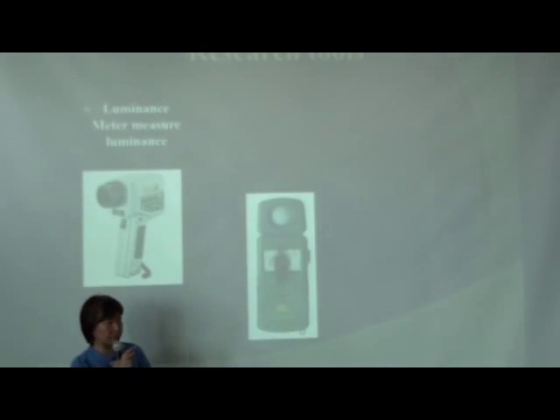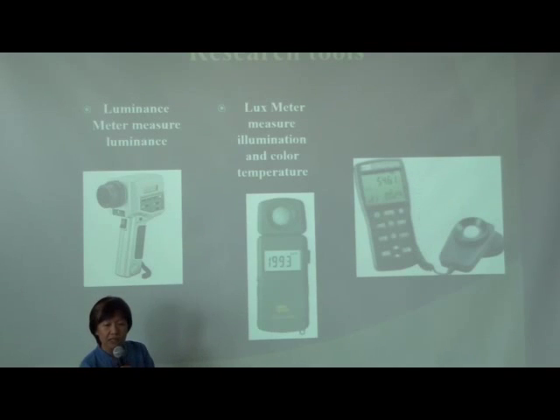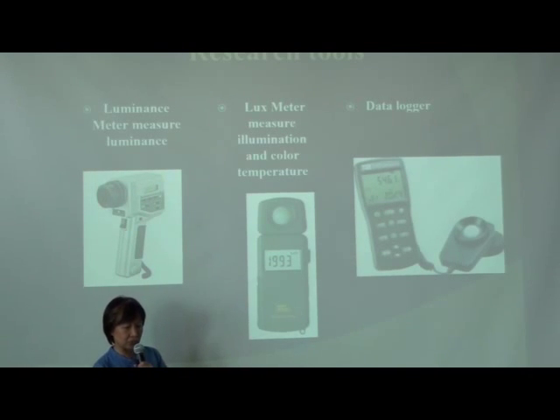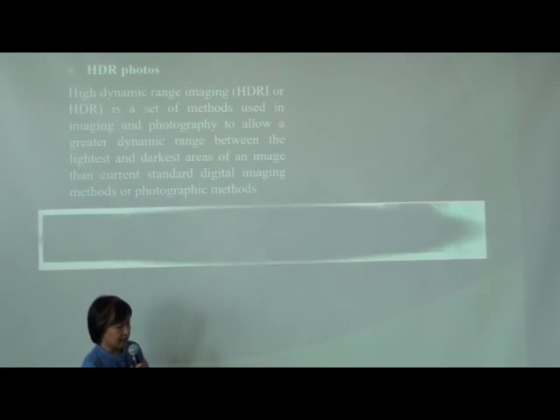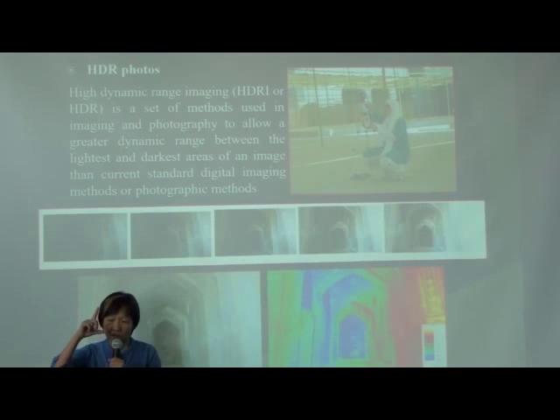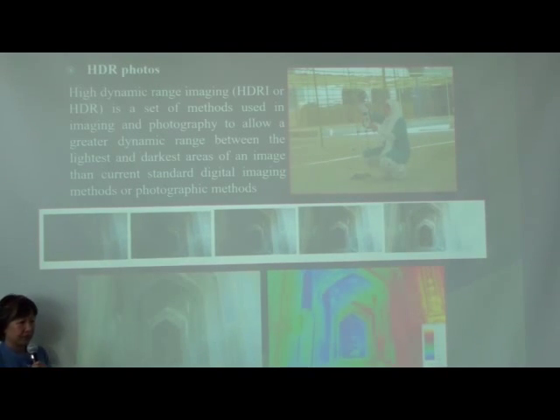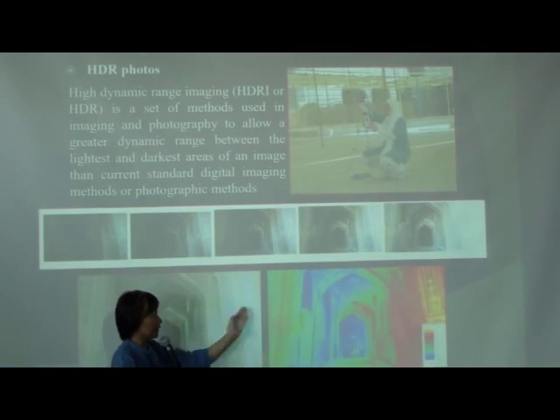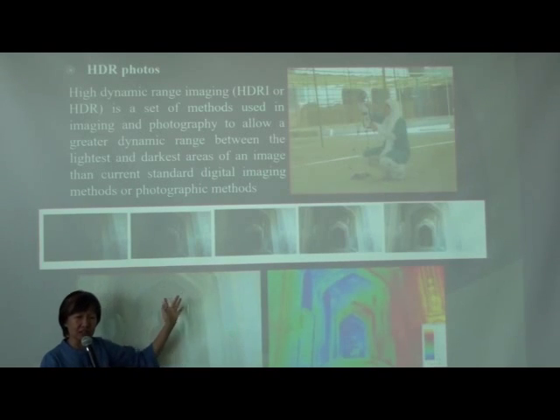And she actually went to not only interview people, she also measured what's going on with lighting in the space. These are the equipment that she used. And not only the equipment, like photo and measure, she also took photos and analyzed them using software to analyze the brightness in the space.